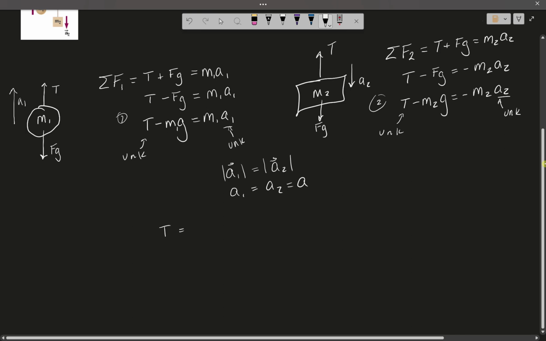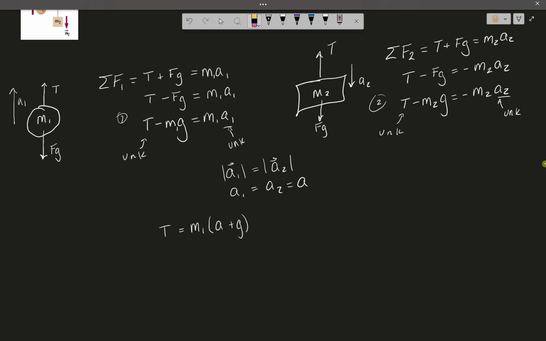So tension is equal to M1, and I am going to group acceleration and gravity together, right? So all I did was I moved this over to the right-hand side and then I pulled out that mass because that is a shared mass between those two components of the equation.